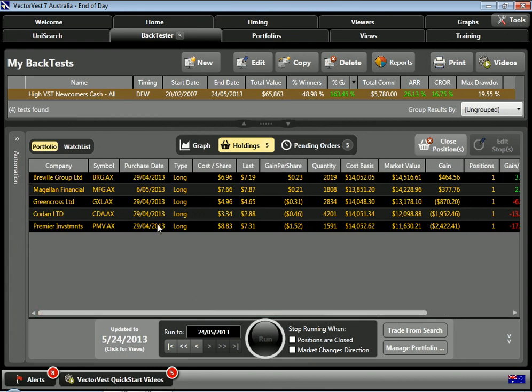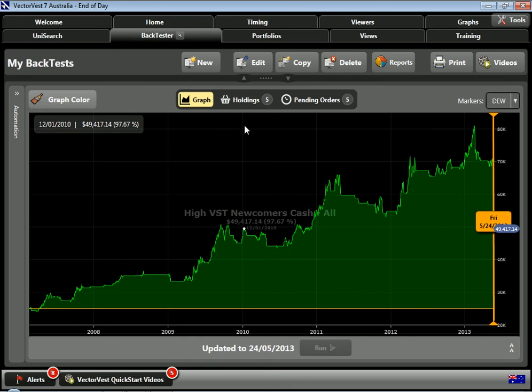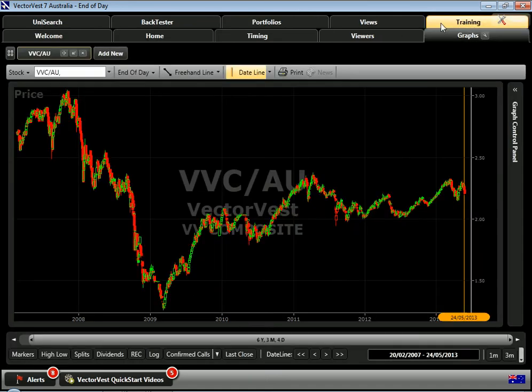All recent purchases. So for a comparison, here we are looking at the graph again, and once again it looks great. Let's compare that over the same time frame to how the overall market has done as measured by our VectorVest composite. Here's the price of the VVC from February of 2007 to where it hit its peak later that year in 2007.